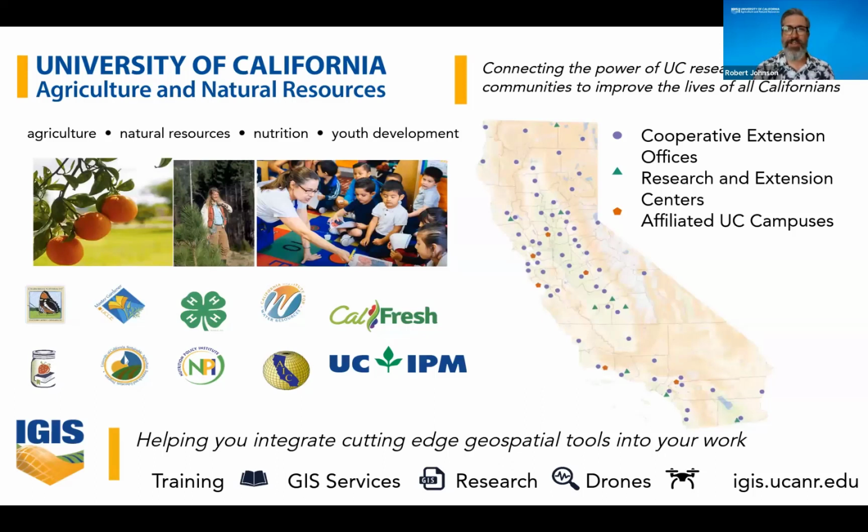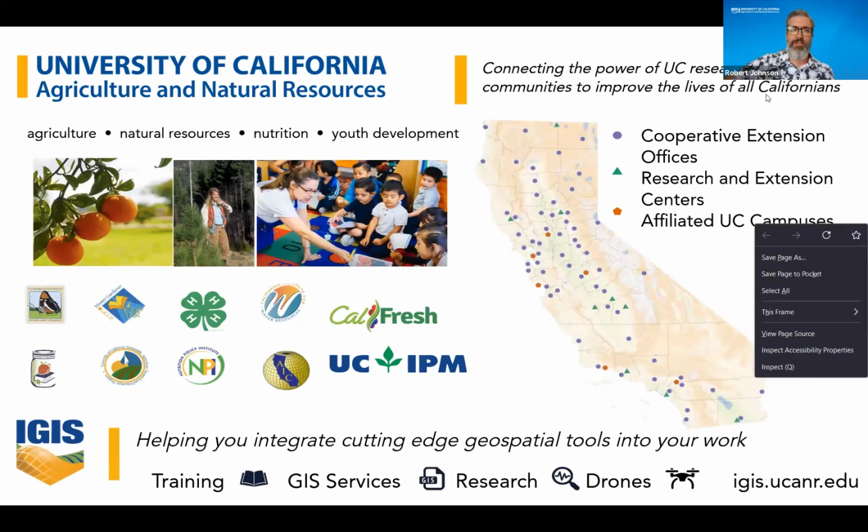We are kind of like the public outreach and education branch of the university, dealing with getting research out there to people in local communities and stuff like that. We have cooperative extension offices in every county up and down the state, as well as some 9, I believe, research and extension centers, and also some affiliated campuses where we all are based and do our work.